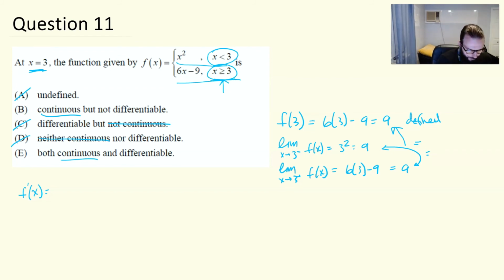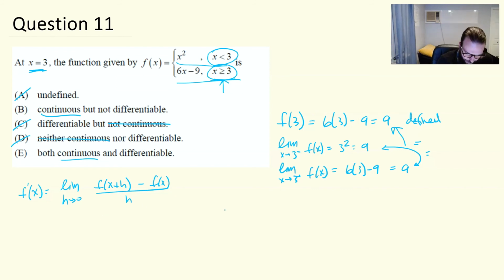So here, we have to take the derivative, and we will use the limit as h approaches 0 of f of x plus h minus f of x all over h. So let's do that, and we'll use the top function first, the x squared.